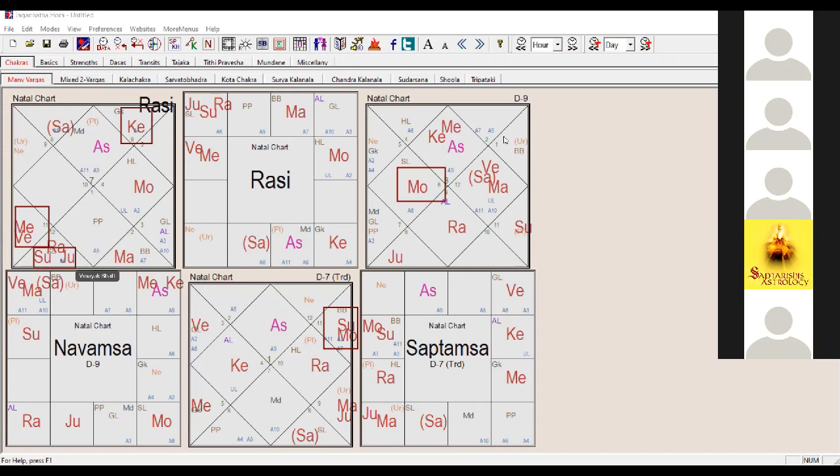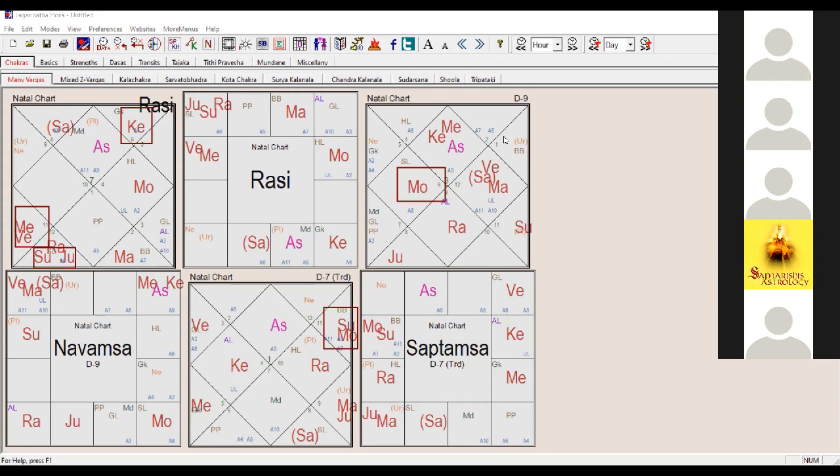For marriage purposes, this position of moon in Virgo is not helpful for you, because it will not activate the marriage. Why? Because it's not connected with the 7th house by any means. But in the D7 chart, when moon activates the Aquarius sign, Aquarius is the natural 5th house in the D1 chart. So it can give the result of childbirth.